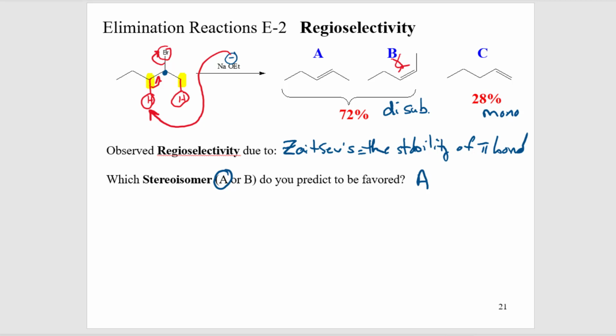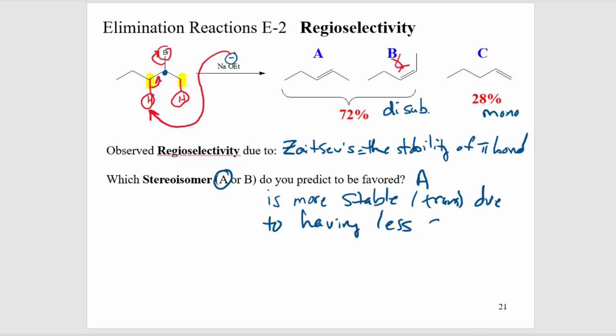And B has some steric hindrance in the cis geometry. Therefore, A is more stable, because it's trans, due to having less steric hindrance.